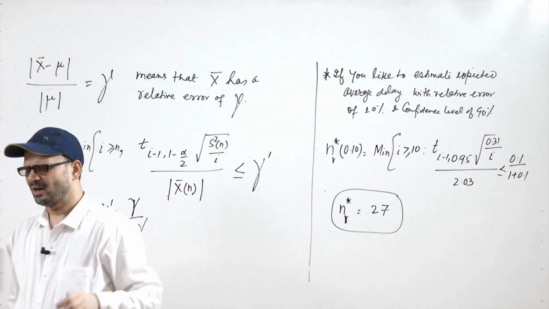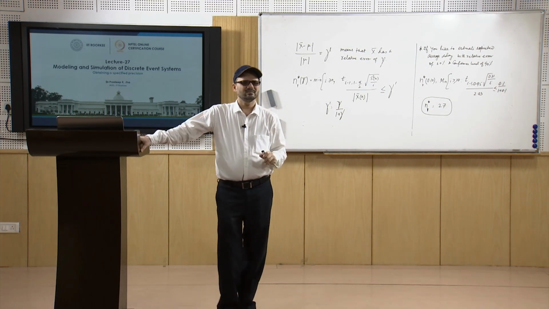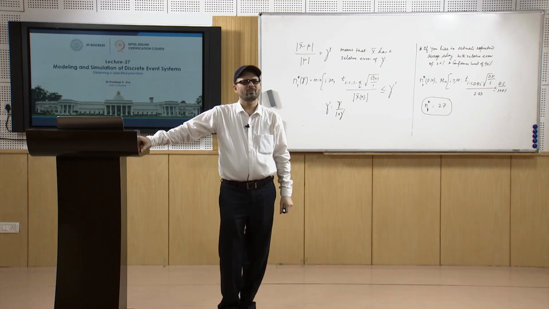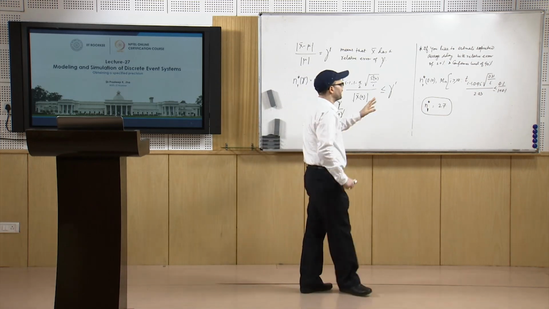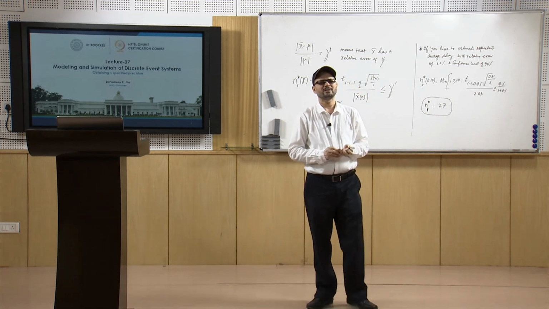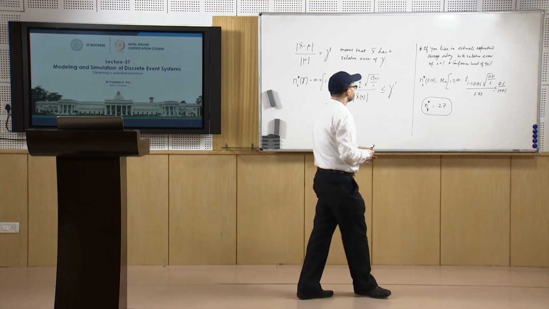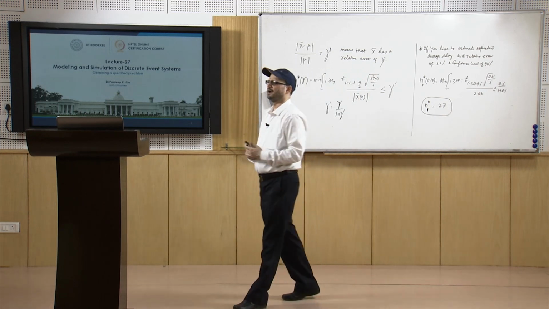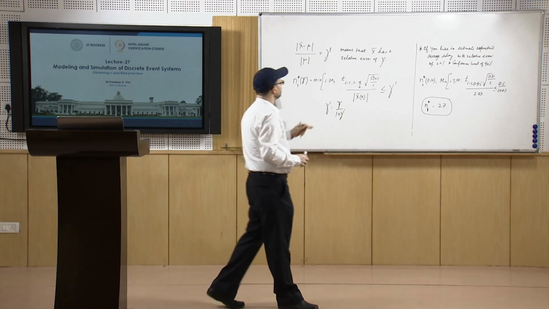Many a time when we do the simulation, we are told that the relative error should not be more than this, and you have to decide how much n should be, so that you get a particular value of this relative error.